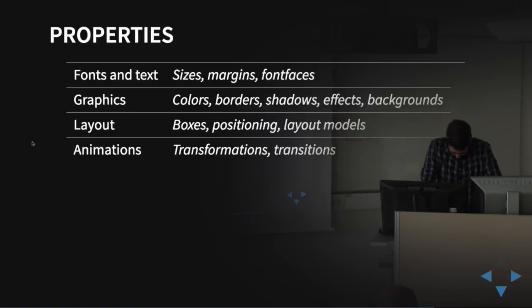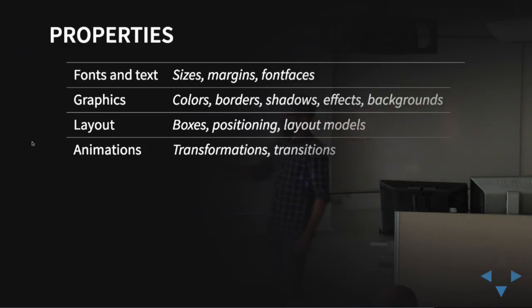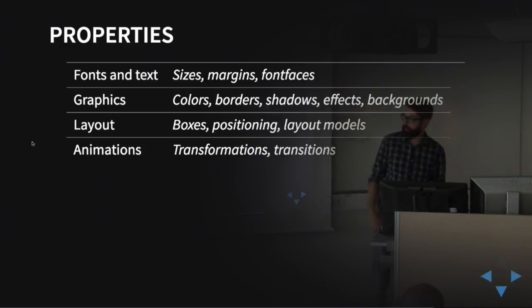So, now that we know how to select stuff, we need to change properties. And I've divided the properties into 4 groups. The properties that change fonts and texts, like sizes, margins, font faces, and such.